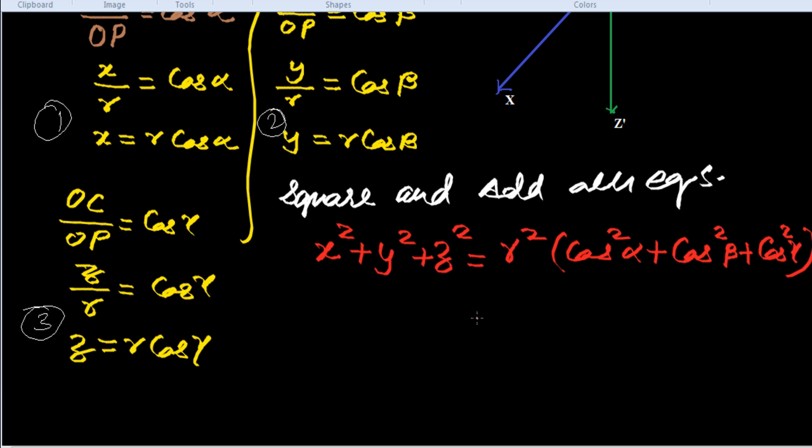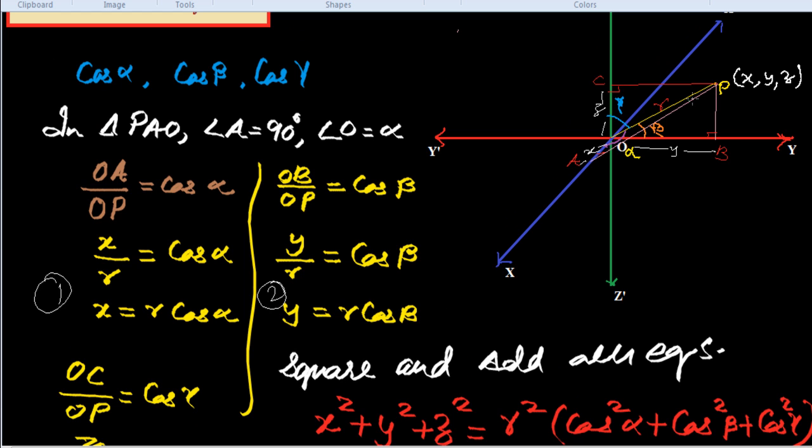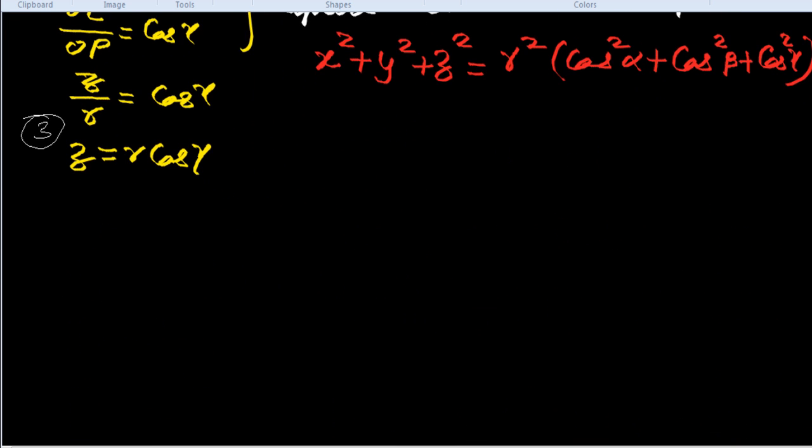So we have got this. Now I explain one thing more here. You see OP, the distance of OP, where the coordinates of the origin O are 0, 0, 0 and these are x, y, z. So OP is equal to, first I explain you OP.